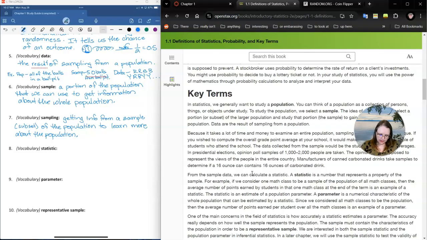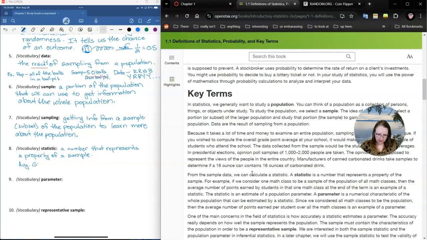And so statistic, that is a number that represents a property of a sample.